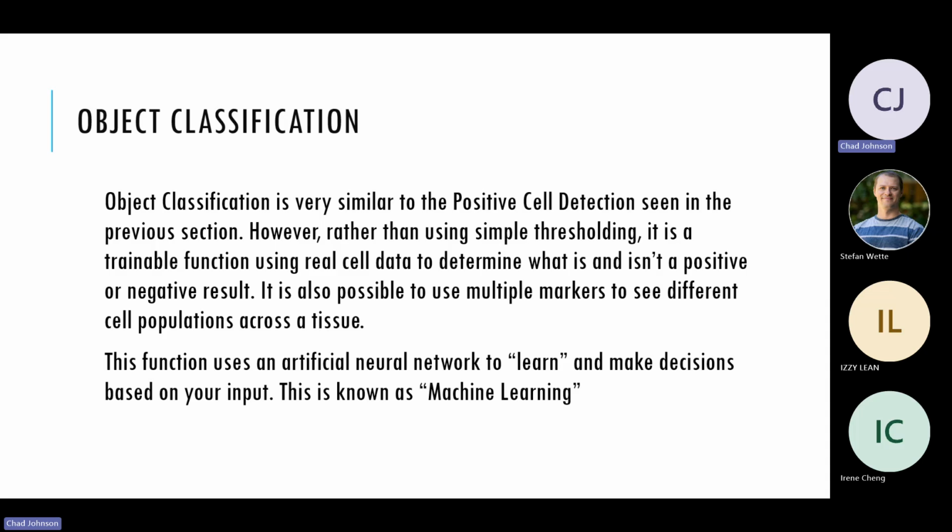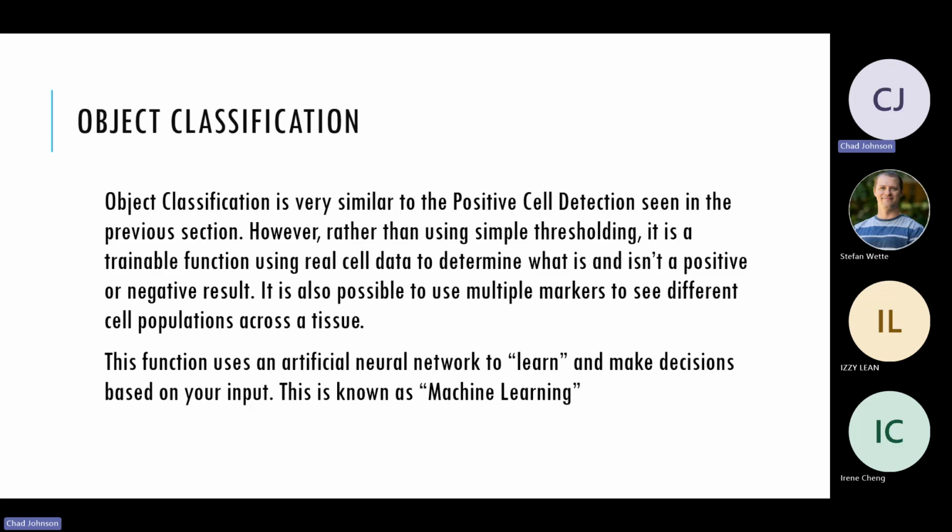So we had an HDAB section where we used the cell detection algorithm to detect all of the cells using the hematoxylin stain, and then used the positive cell detection algorithm to detect whether it was positive or negative for DAB. Now that used simple thresholding. Essentially, we used the slider to set a simple threshold to detect whether it was positive or negative for DAB.